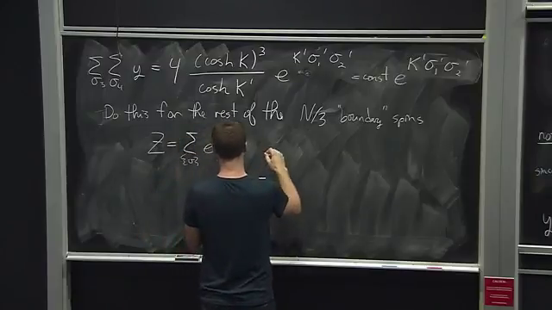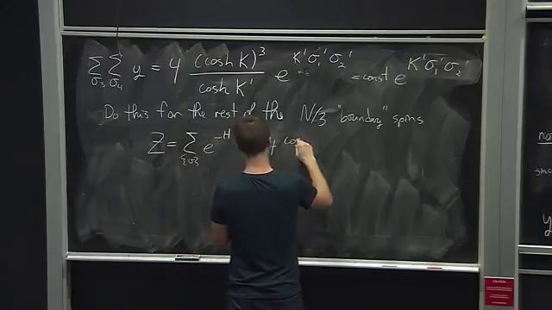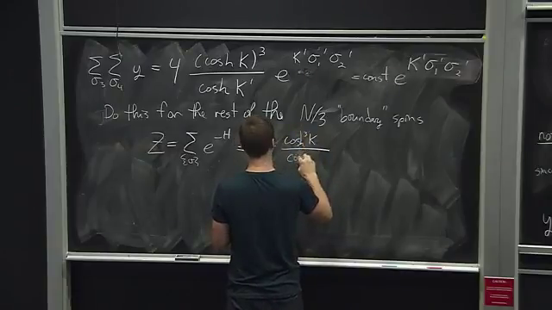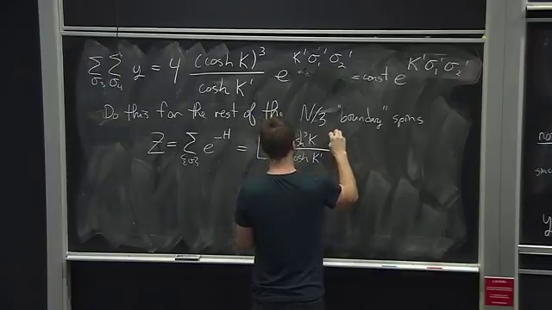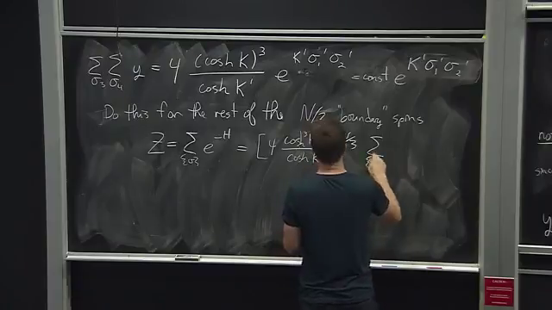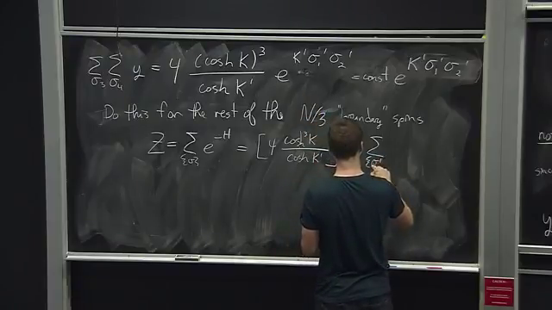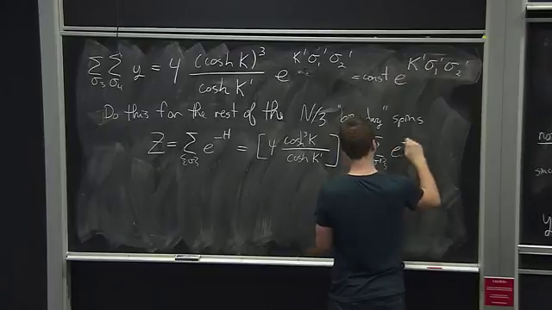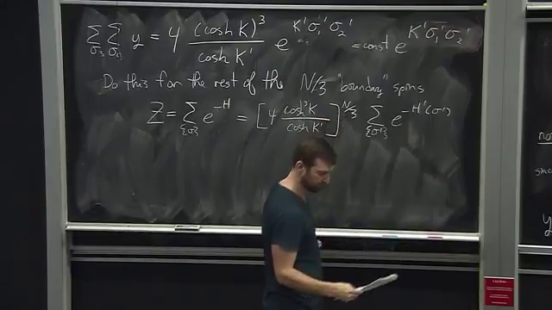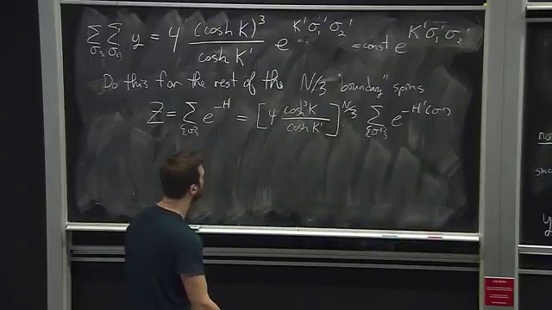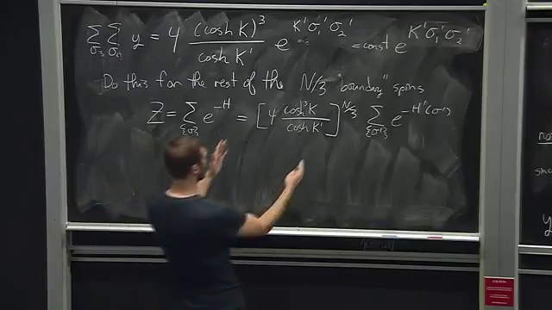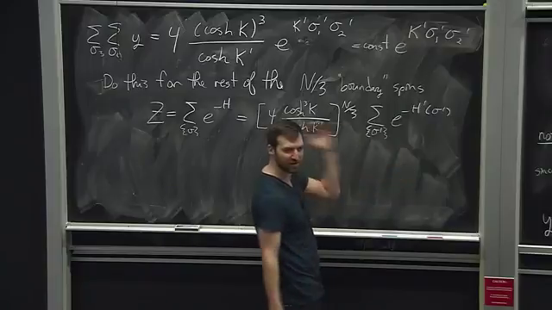Well, you have that constant out front. You're going to get n over 3 of them. Then you're going to get a trace over the remaining block spins, the Hamiltonian written in terms of block spins. And typically, you just don't care about this thing. Just absorb it into the definition of H if you want.